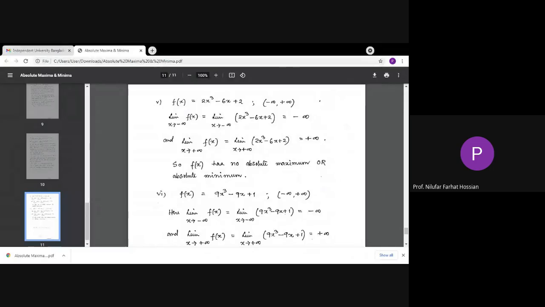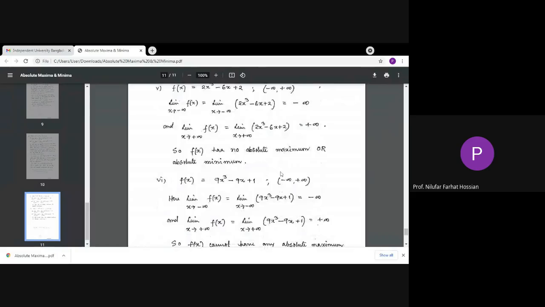So can there be any absolute extremum? There cannot be any absolute maximum, and there cannot be any absolute minimum, because on the left side the function values go towards negative infinity and on the right side towards positive infinity. So for this function, there is no absolute maximum and no absolute minimum.